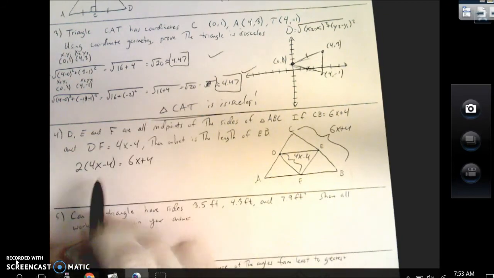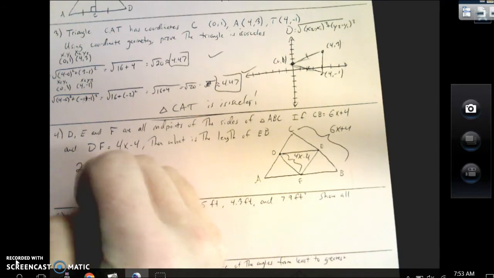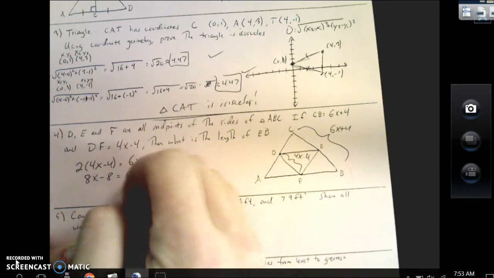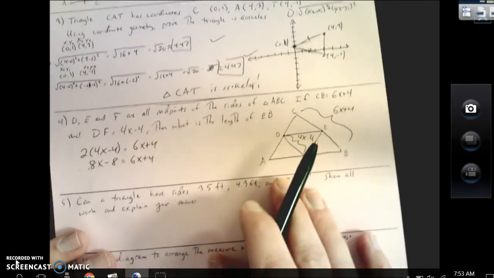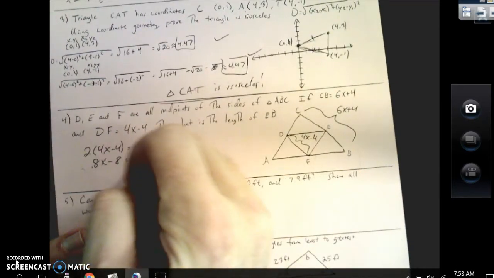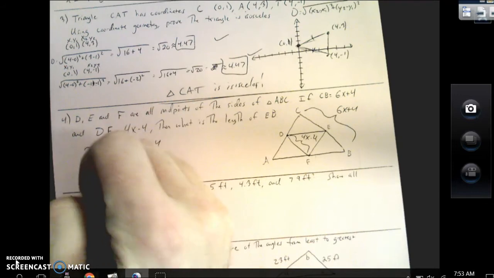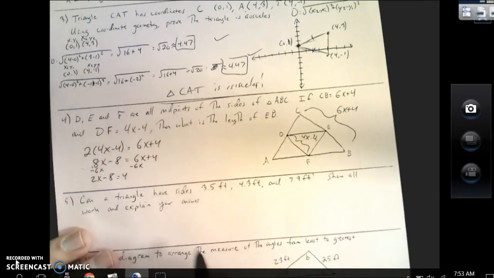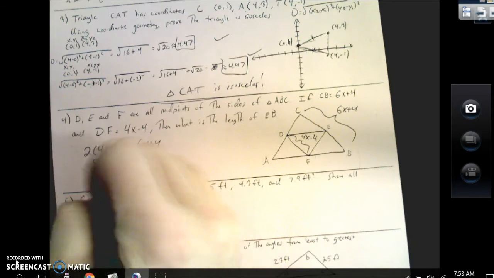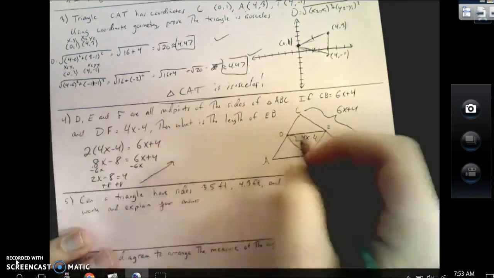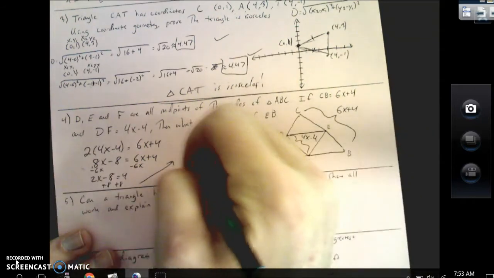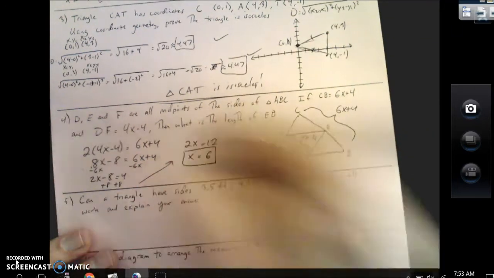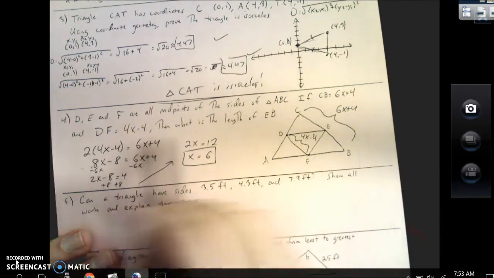So if I distribute that 2 in, 8x minus 8 equals 6x plus 4. From here, get all the x's on one side. 2x minus 8 equals 4. I can add 8 over. I get 2x equals 12. Divide both sides by 2. X equals 6. You're so close to being done.